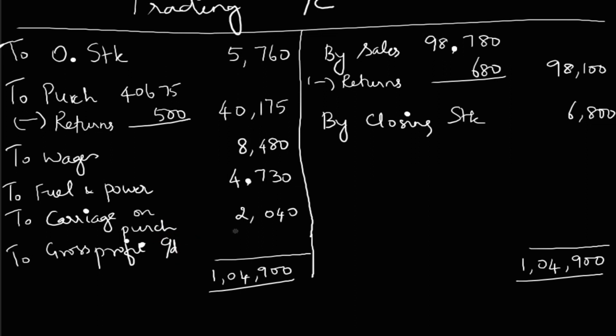If the debit side is more, then you will have a gross loss. In this case, we have a gross profit. So the gross profit is 43,715.